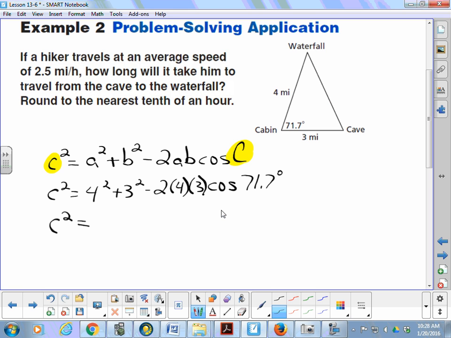Right. So c squared equals what? 17.5 miles.